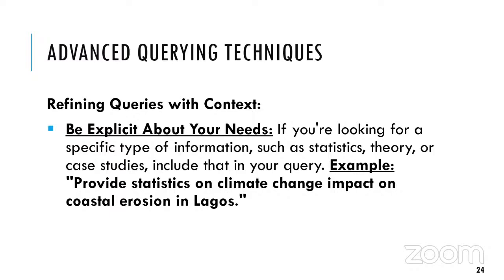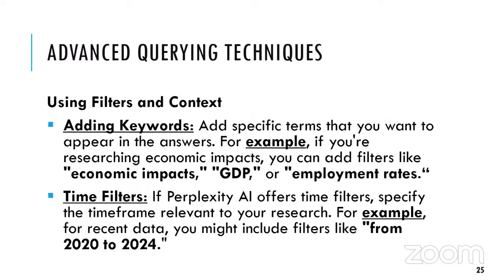Don't just gloss over it. If you want statistics, for instance, you can ask, provide statistics on climate change impact on coastal erosion in Lagos, Nigeria. If that is what you need, be very, very specific.